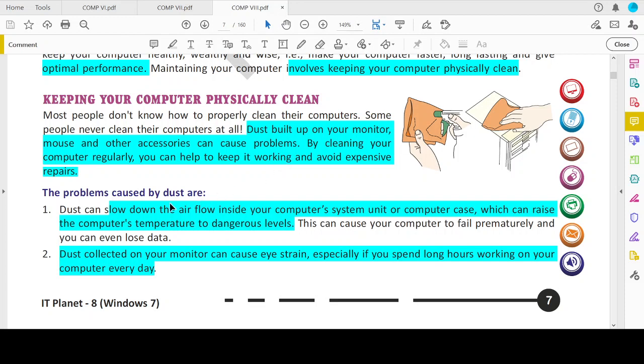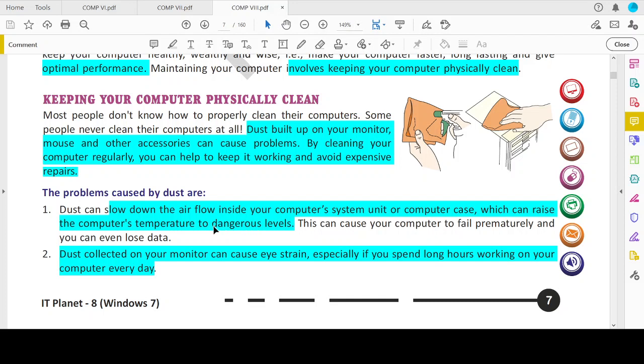So if you are not dusting, what will be the problem? It will slow the airflow inside the computer system and the computer case, raising the temperature of the computer to dangerous levels. That will cause your computer to fail prematurely and even lose all your data. And what else?